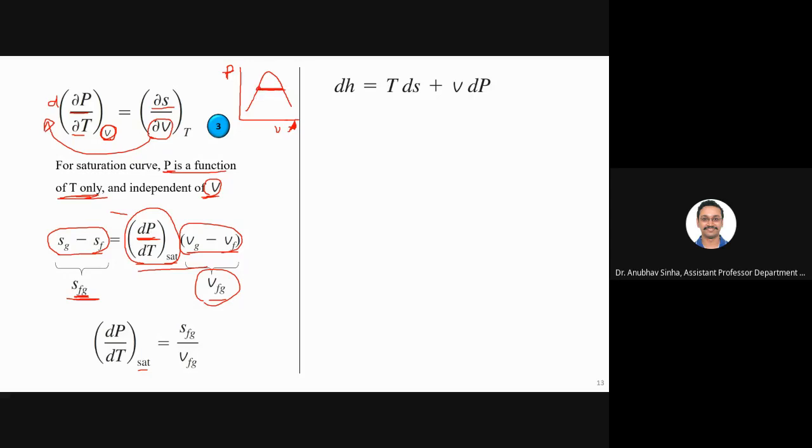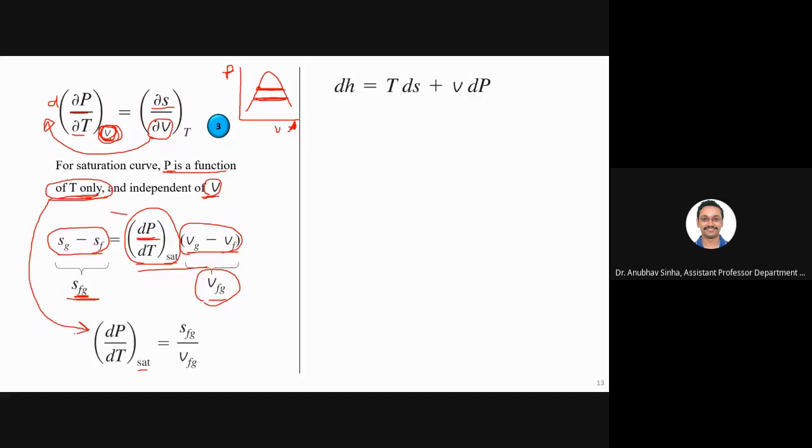Inside the vapor dome, if you maintain constant pressure, then temperature becomes constant, and if the temperature is maintained constant, then pressure becomes constant. So these two are related. The assumption here is that pressure is not related to volume; it is a function of temperature only. If that is true, then I can write in this form.